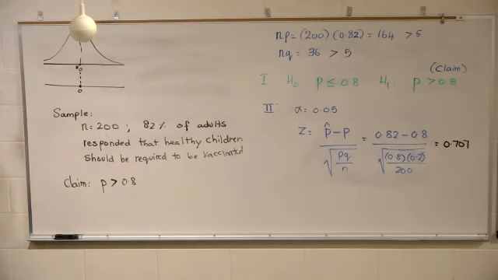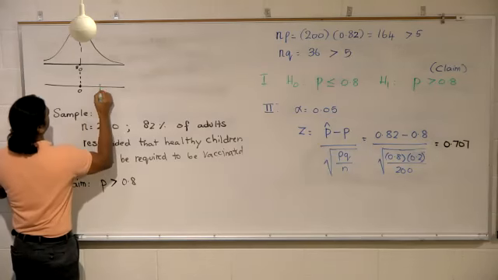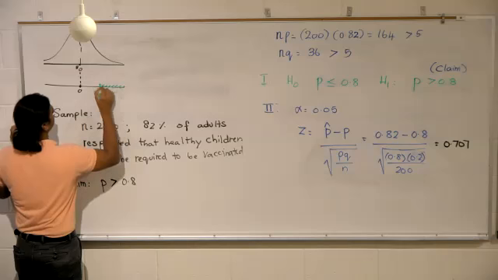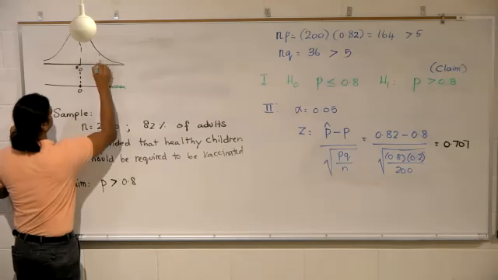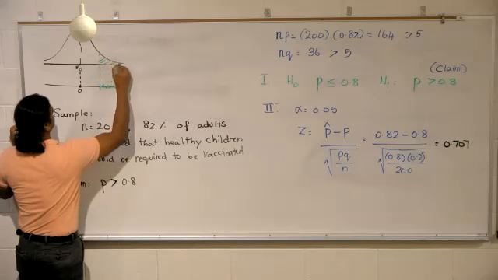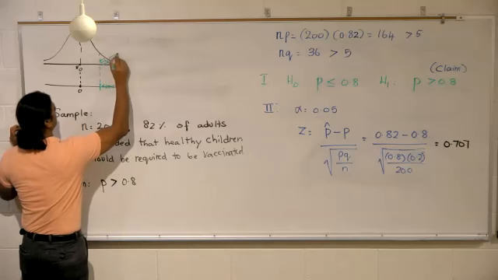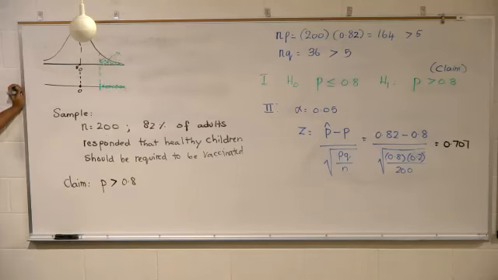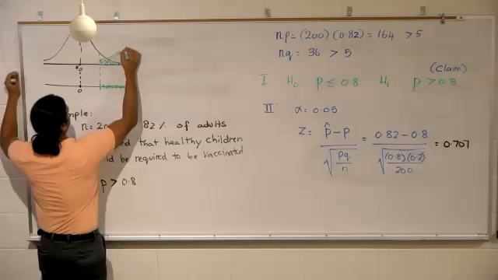Where should the rejection region be? Left hand side, right hand side, both sides? Right. What would that area equal to? Alpha, which is 0.05.